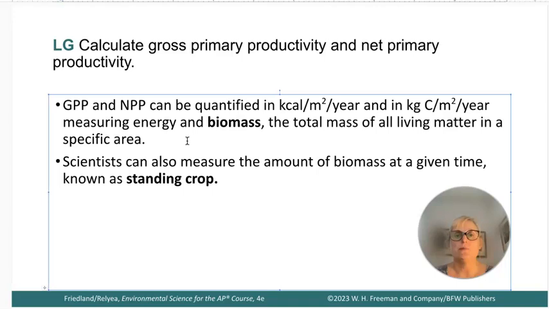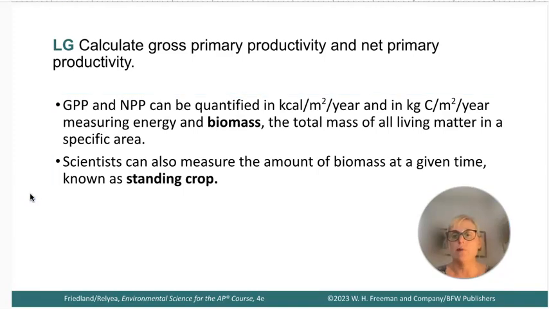We can also measure biomass, the total mass of all living matter in an ecosystem. The amount of biomass at a given time is called a standing crop, so not necessarily per year, but at a specific point in time. These are the units we often see when doing calculations.